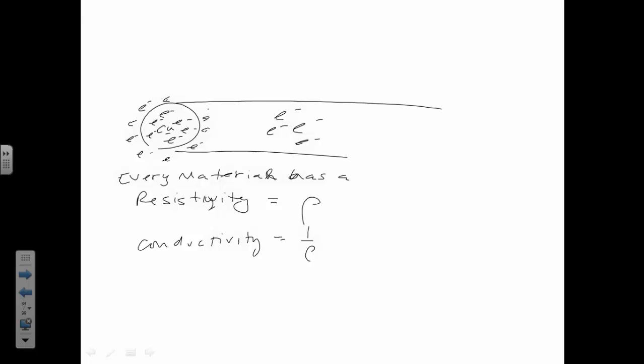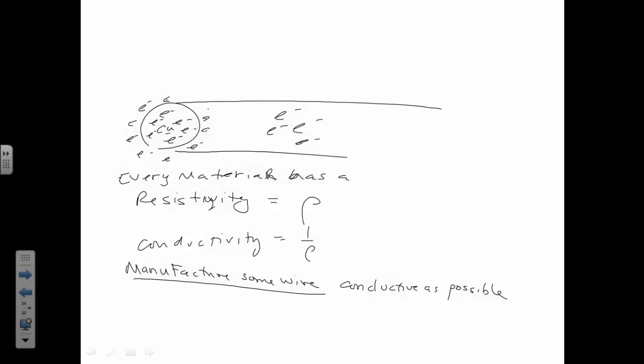All right, if you were to manufacture a wire, the question is, what would you want to do to make that wire? Let's say you want to manufacture some wire, and you want to make it as conductive as possible. Yeah, you want rho to be low.